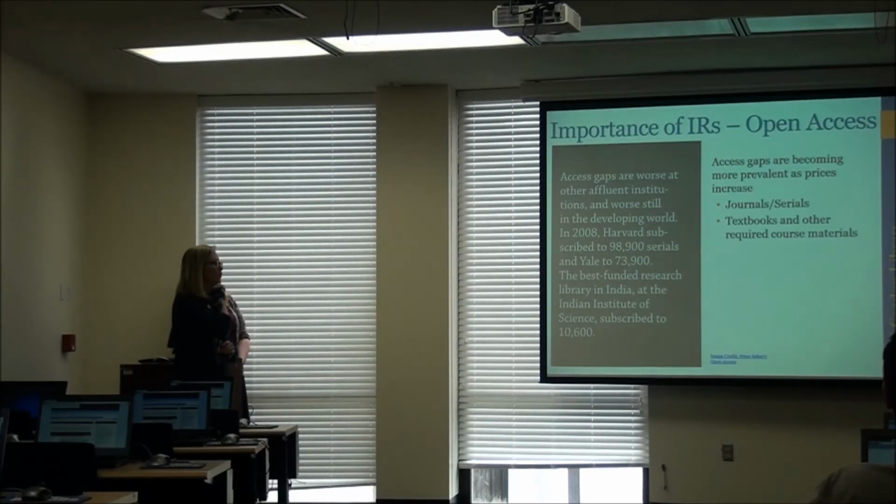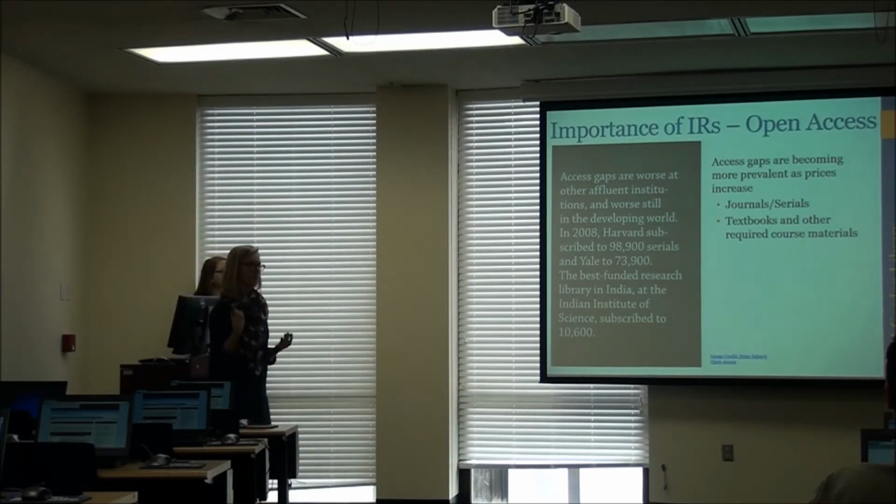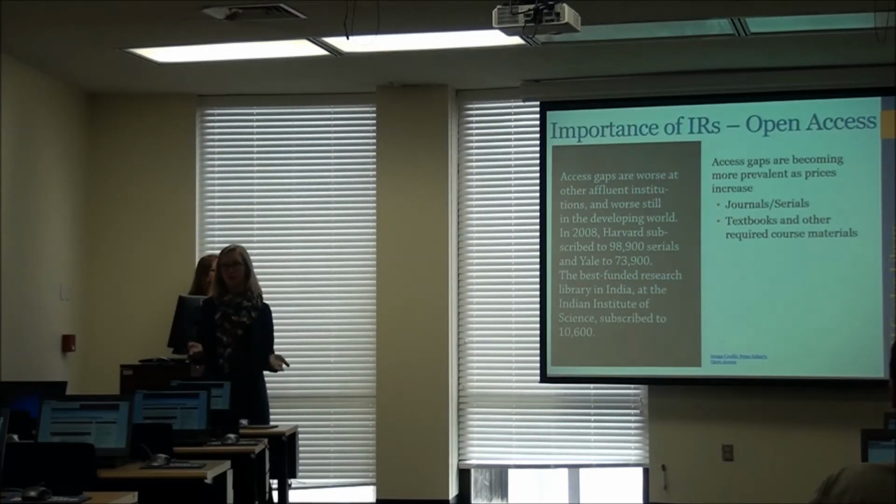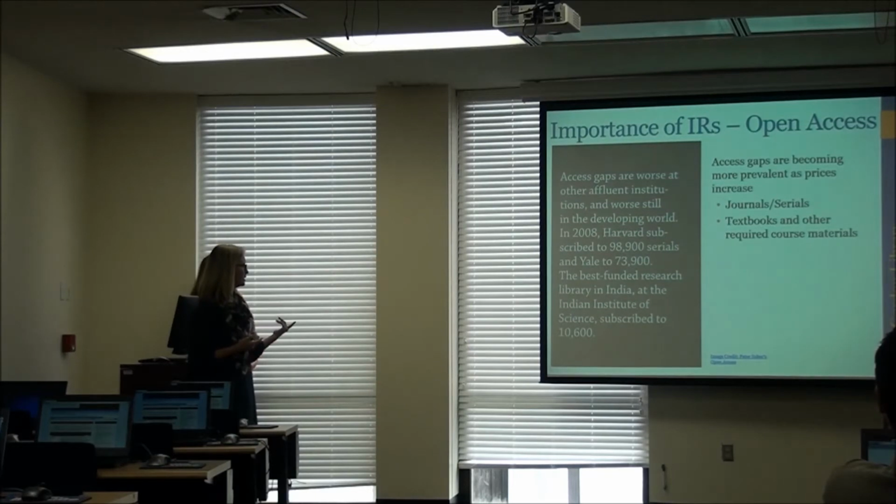So also in talking about open access is something called an access gap. This is an example. Some of the Ivy League schools like Harvard and Yale have huge budgets, right? And therefore many subscriptions. This example references the Indian Institute of Science, which has about 1/10 of the subscriptions as Harvard.